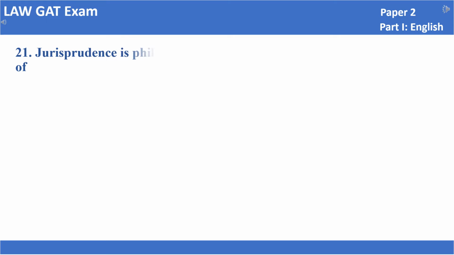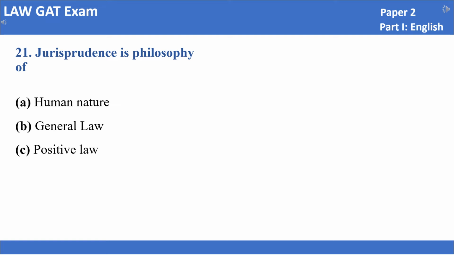Jurisprudence is philosophy of option A, human nature, option B, general law, option C, positive law, option D, international law. The correct answer is option C, positive law.